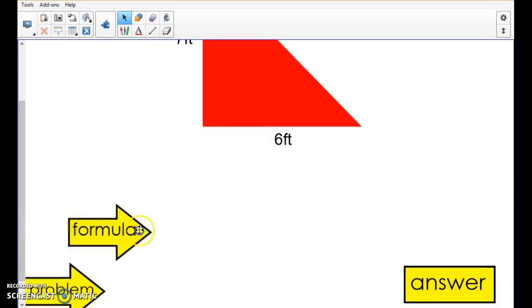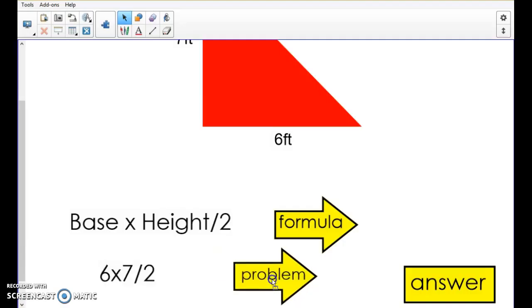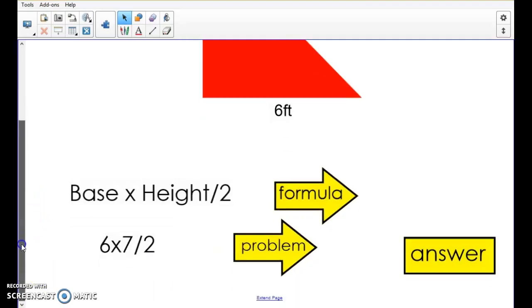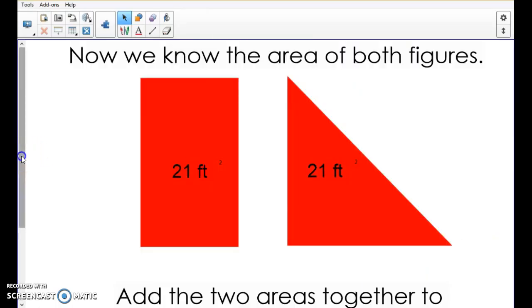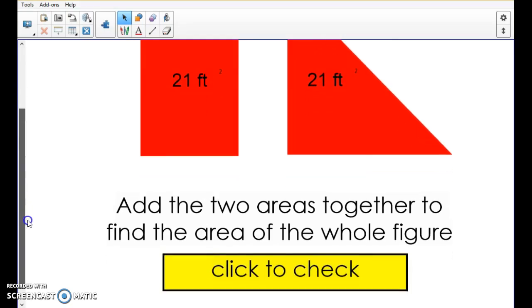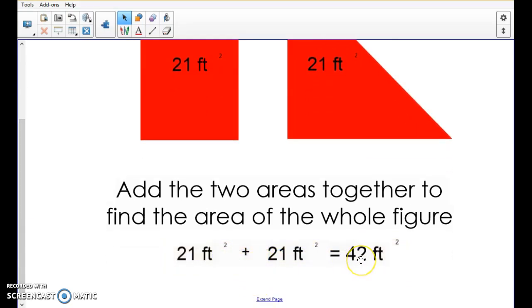Triangle, remember my formula is 1/2 base times height. My problem is going to be 6 times 7 divided by 2, which is still going to give me 21 feet squared. Now if I want to find the area, I have 21 feet from the rectangle and 21 feet from the triangle. So that means my total area will be 42 feet squared.